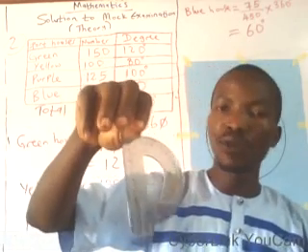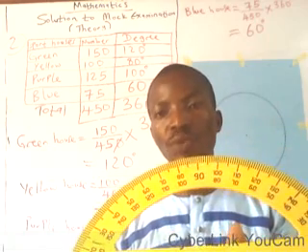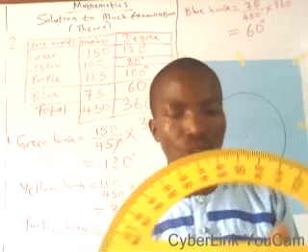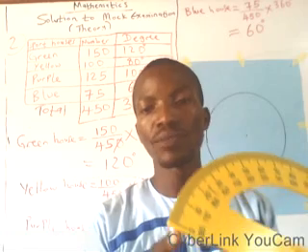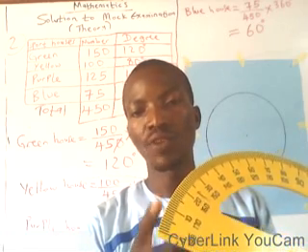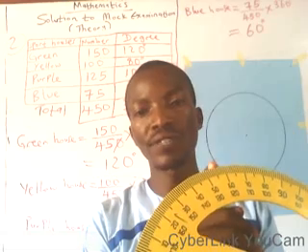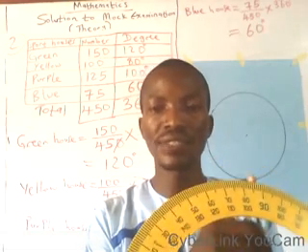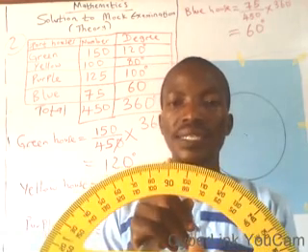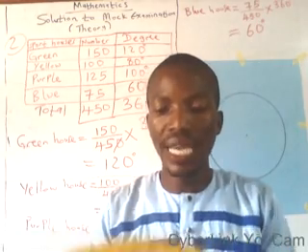But because I'm using cardboard, I want to make use of this bigger one so that you people can see clearly. It begins from 0, to 10, followed by 20, 30, 40, 50, 60, 70, 80, while the center point here is 90.